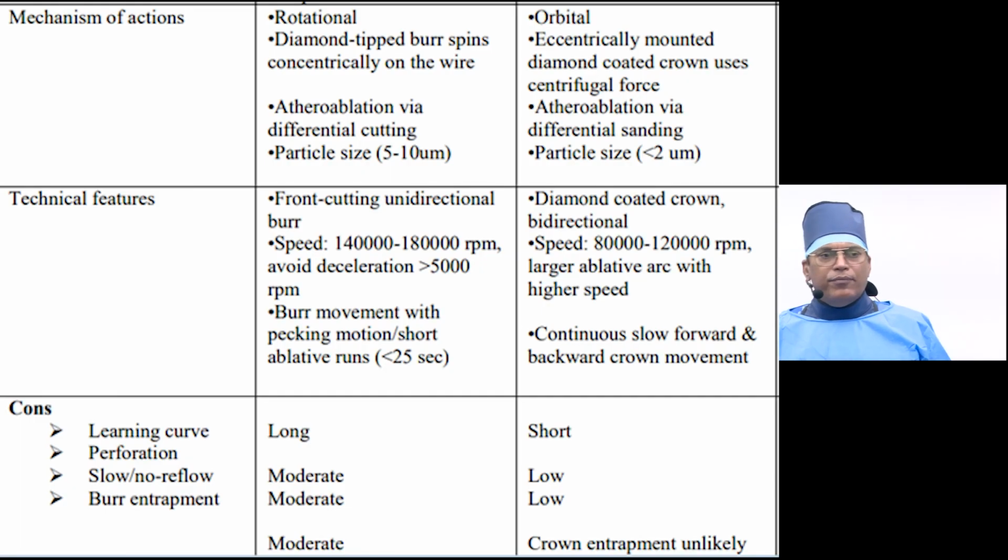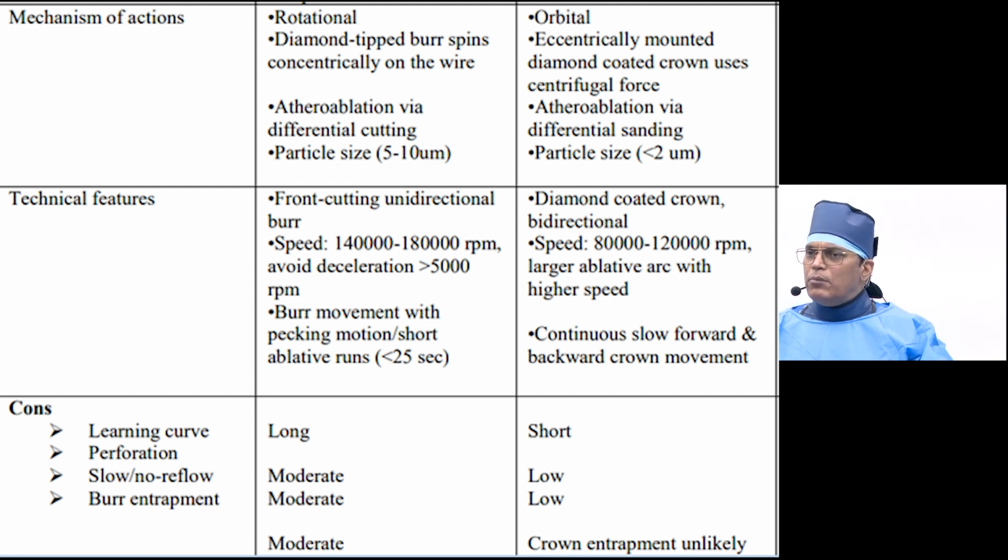Rota has a bigger role mainly for uncrossable lesions and very severe critical lesions. But here, slow flow and no flow are less with orbital atherectomy, because the particles generated during orbital atherectomy are only 2 microns versus 7 to 10 microns with rota ablation. It also has the advantage of forward and backward cutting.